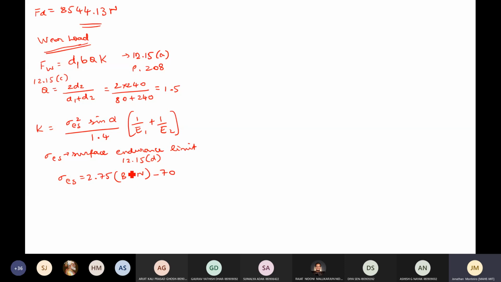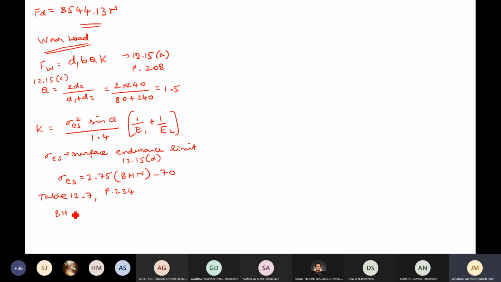Now, how to calculate this? What is sigma ES for the given material? Let us go back. For C45 steel, what is the Brinell hardness number? We'll go back to the same table where we took sigma D values from, table 12.7, page 234.